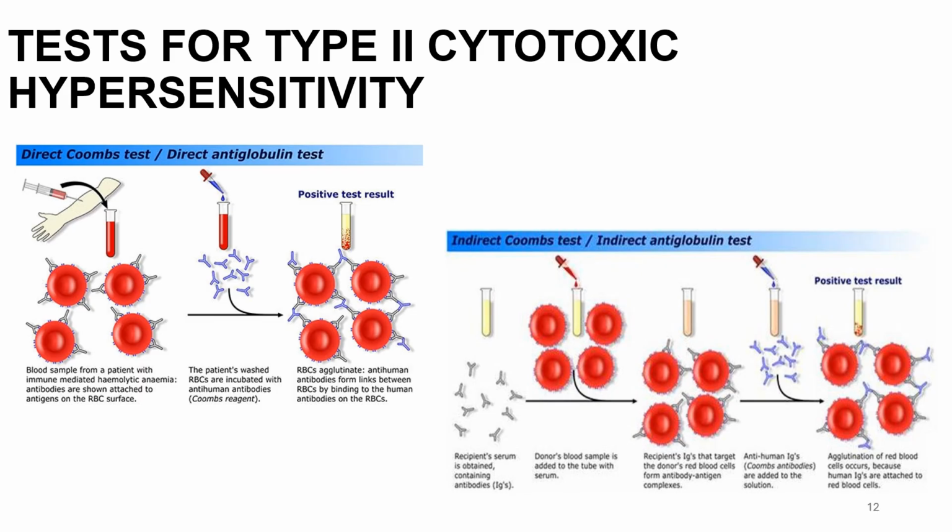And why this matters for histotechnology is that even though these are blood bank tests, the downstream effects show up in tissue in the form of hemolysis, pigment deposition, renal tubular injury, and even inflammatory changes. Understanding the test helps you understand why the tissue looks the way it does.